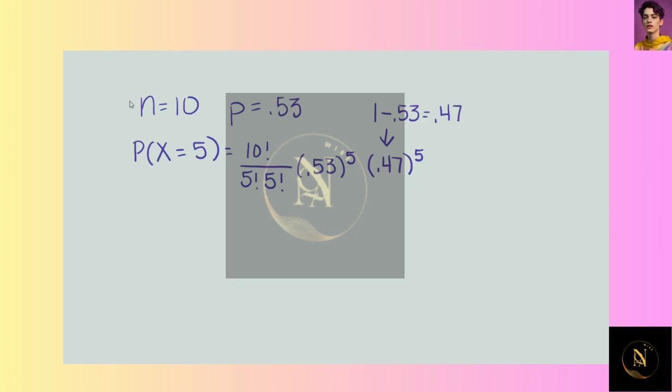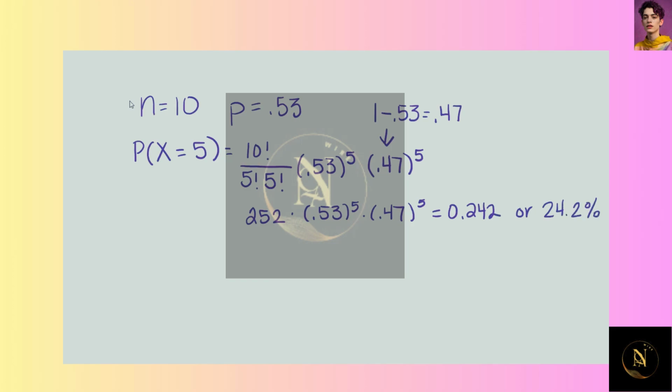So when we do 10 factorial divided by 5 factorial times 5 factorial, you get 252. Times 0.53 to the 5th power times 0.47 to the 5th power is equal to 0.242, or 24.2%.